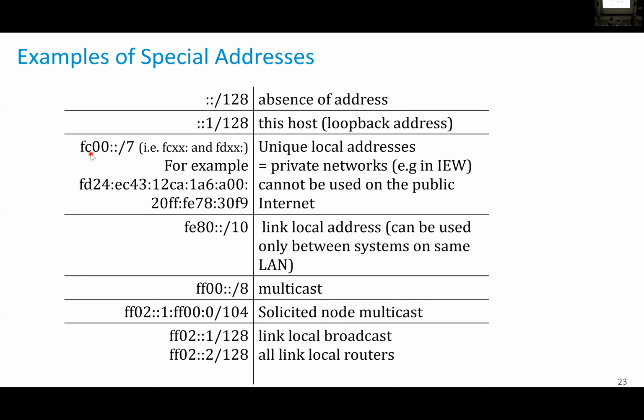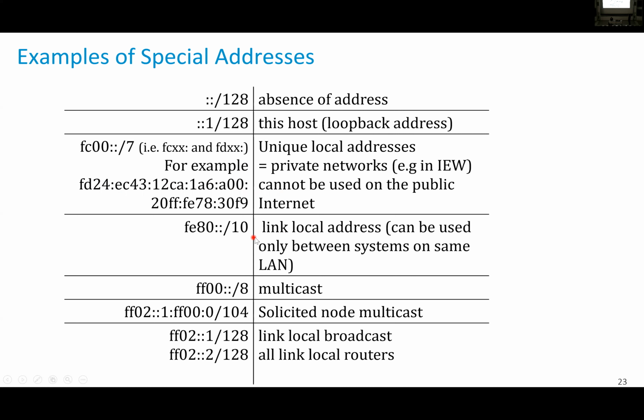So anything that starts with FC or FD means a private address. Other than that, you can have an arbitrarily large network. For example, if you're a large corporation or an internet service provider, you might have a network with hundreds of thousands of such addresses and hundreds of routers and subnets, etc. But they are private and cannot be used on the public internet.